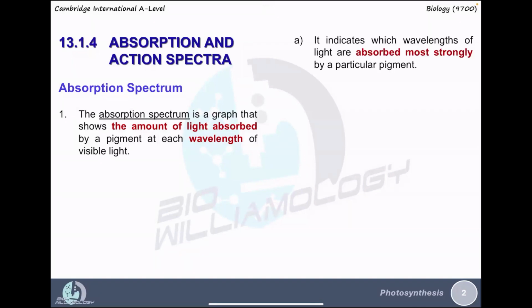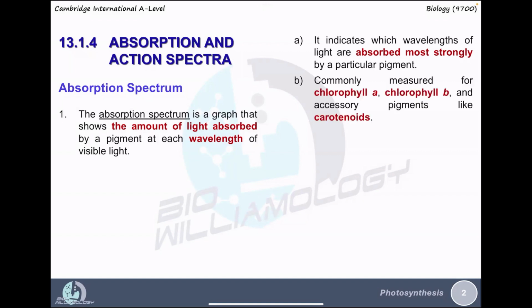So this spectrum indicates which wavelength of the light are absorbed most strongly by a particular pigment, and it is commonly measured for chlorophyll A, chlorophyll B, and some other accessory pigments, for example, carotenoids.